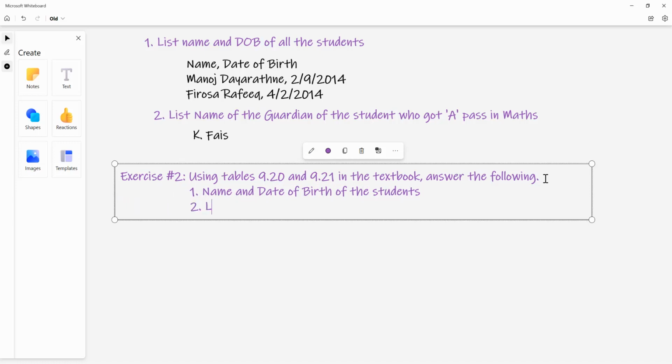Second one, list of names whose marks are greater than 180. Now I want you to work on this and share the answer with me.